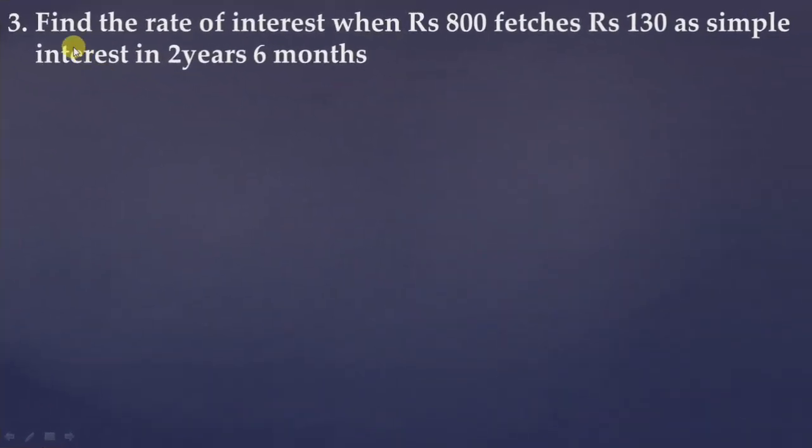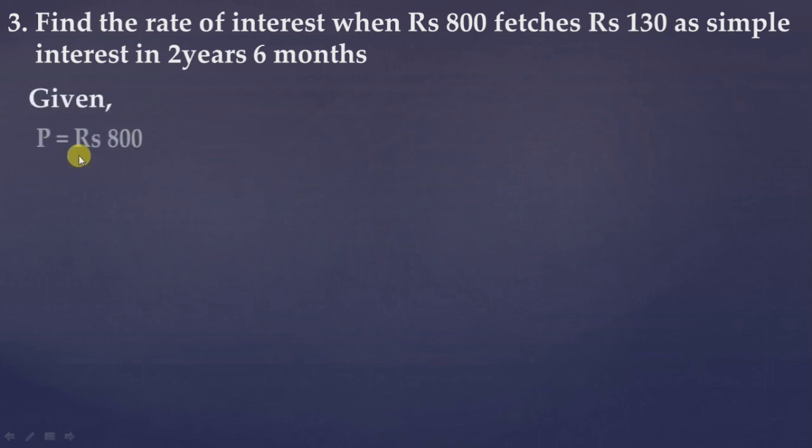Next problem, find the rate of interest when rupees 800 yields rupees 130 as simple interest in 2 years 6 months. So this is your principal, this is your simple interest, this is your time, and you need to calculate the rate.